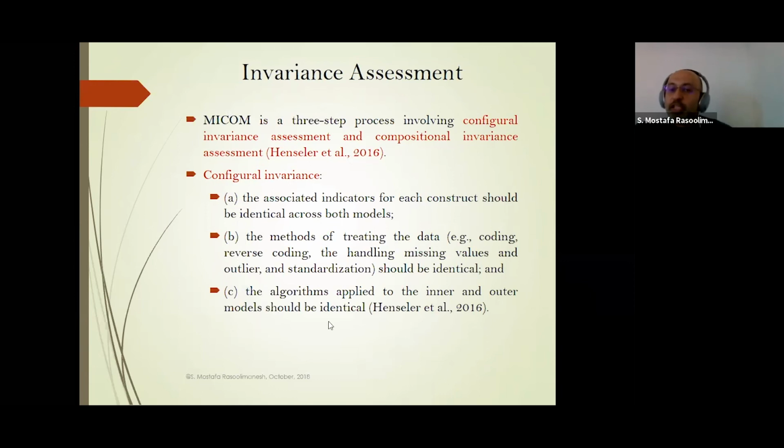In configural invariance, we have to make sure of the same algorithm, the same missing value imputation, and the same items for each construct in the 2 groups. So we apply the same algorithm for the 2 groups. This is configural invariance.